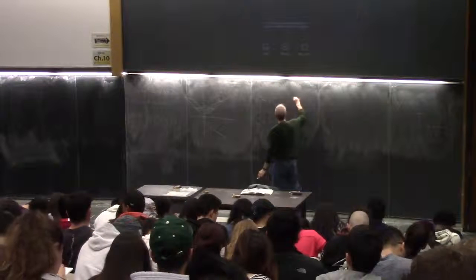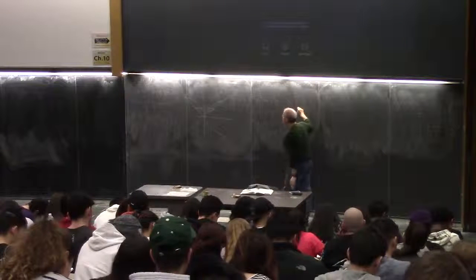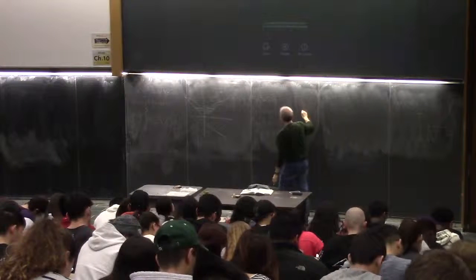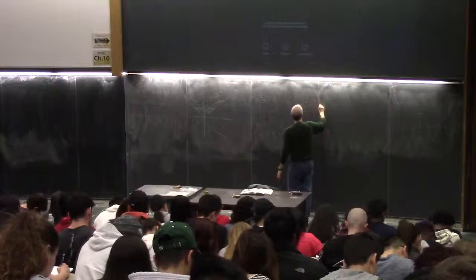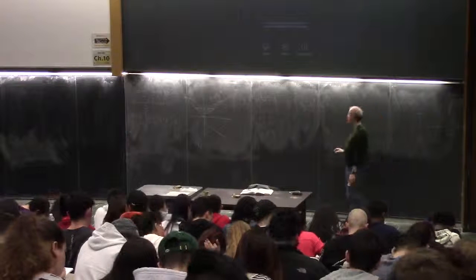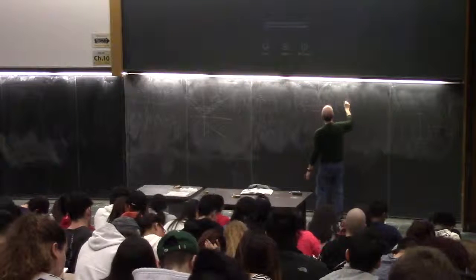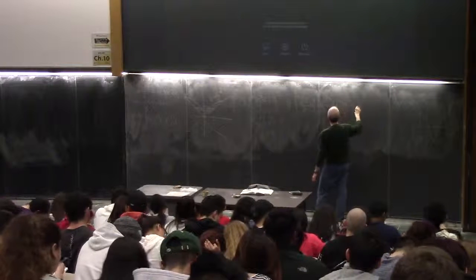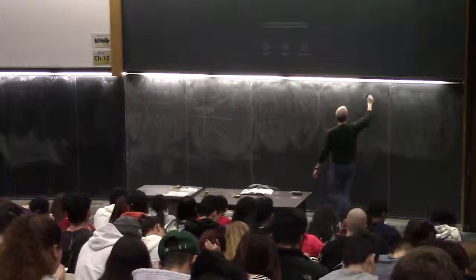So that's going to be the integral from 0 to 2, pi, 4y squared minus y to the fourth dy, which is pi times 4y cubed over 3 minus y to the fifth over 5 from 0 to 2.